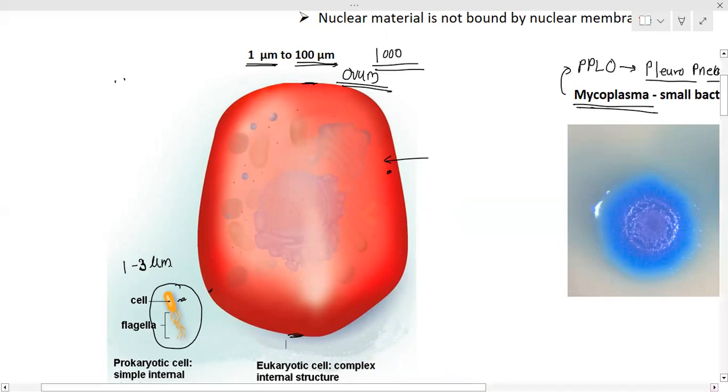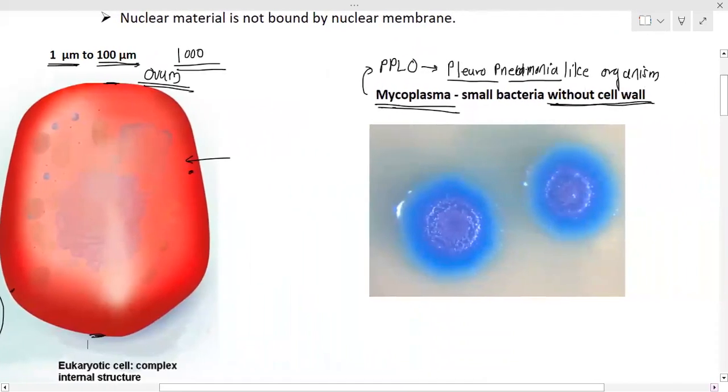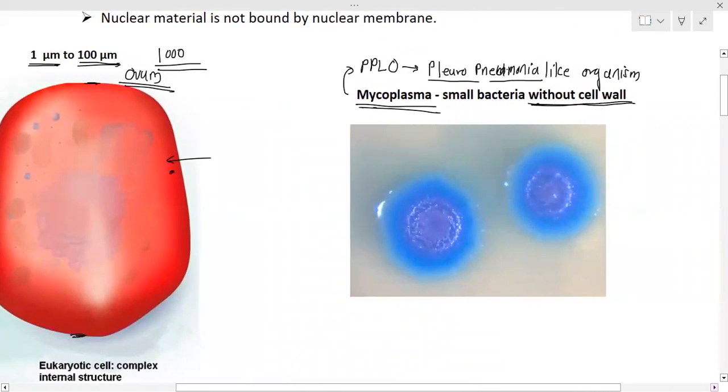Now, this is the second picture you see. It is mycoplasma. Yesterday we studied about mycoplasma, correct? It is the smallest cell in the world, and it is a prokaryotic cell, named mycoplasma, and the specific example is PPLO.